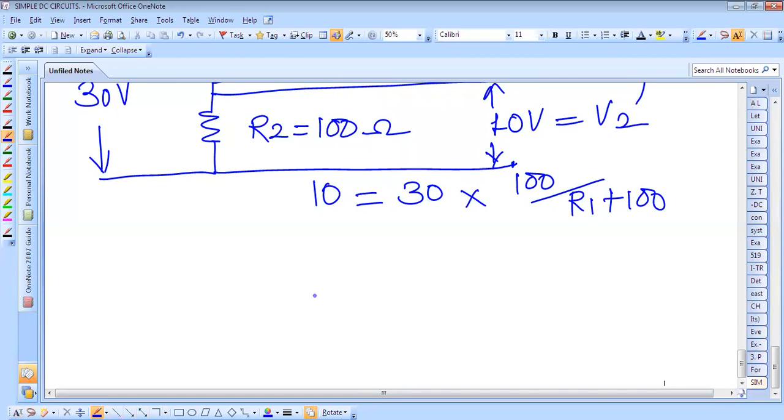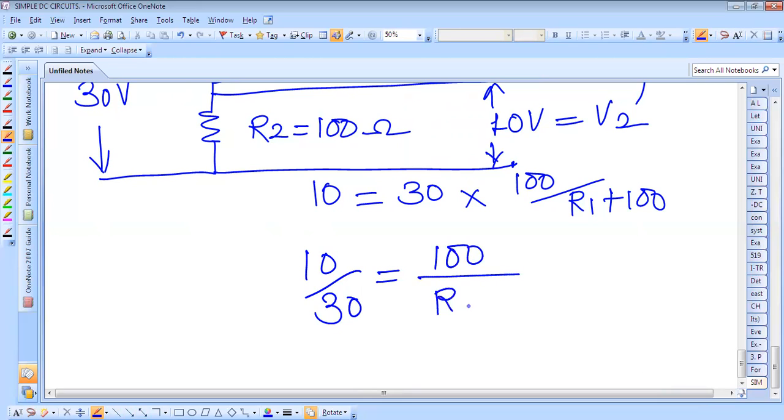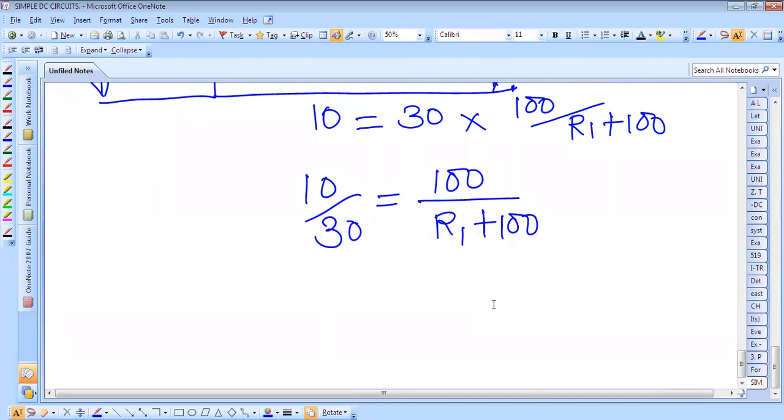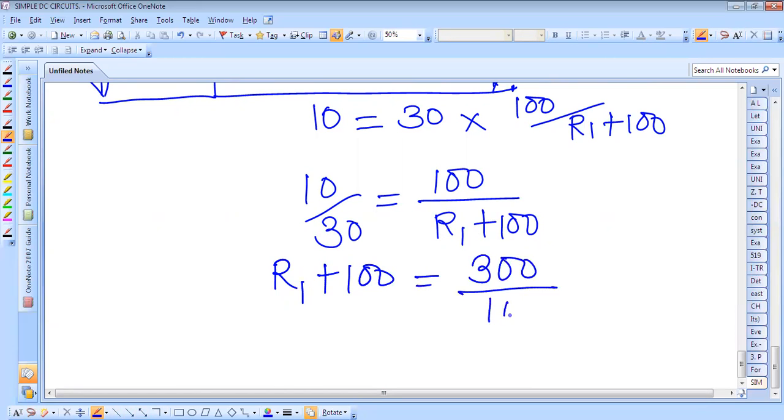So we can write 10 upon 30 is equal to 100 by R1 plus 100.